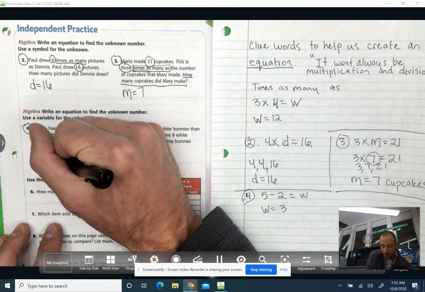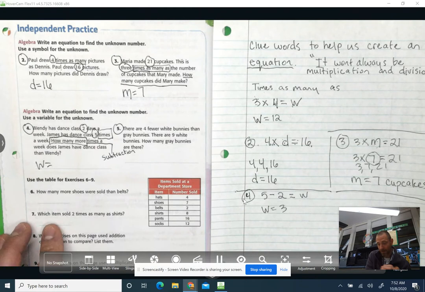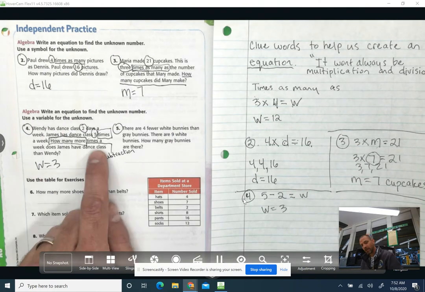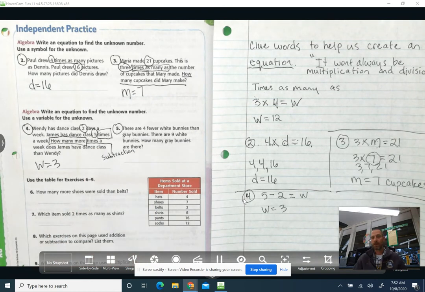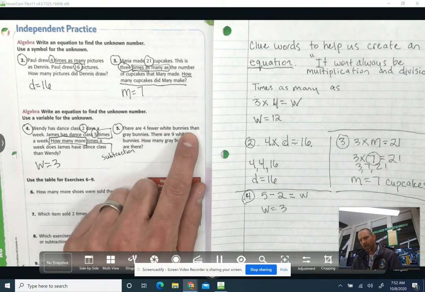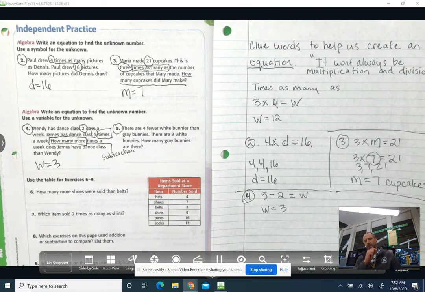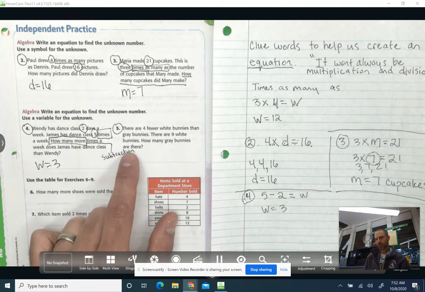That's a doozy, kids. They're going to throw those ones in there to really make sure that you're paying attention. All right, last one. There are 4 fewer white bunnies than gray bunnies. There are 9 white bunnies. How many gray bunnies are there?